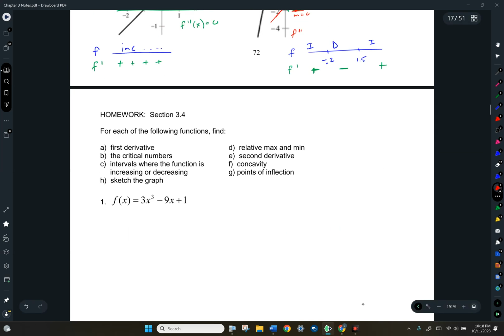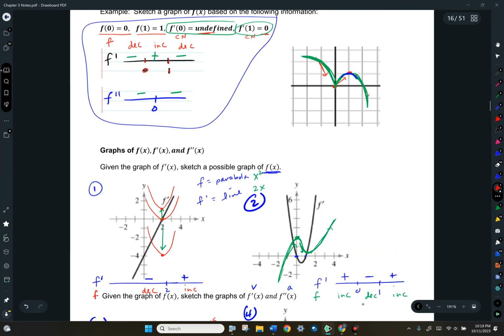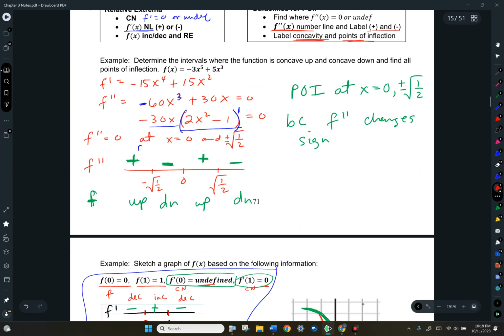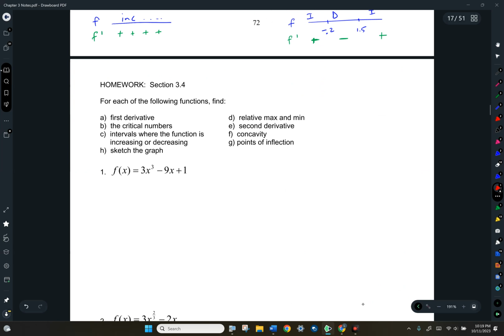Okay. The homework is going to focus on what we did in the previous example up here, where you find your second derivative information. But I want to point something out, because notice the homework doesn't just say to do the second derivative. It says for each of the following, look at A, B, C, and D. Isn't that what we did in 3.3?